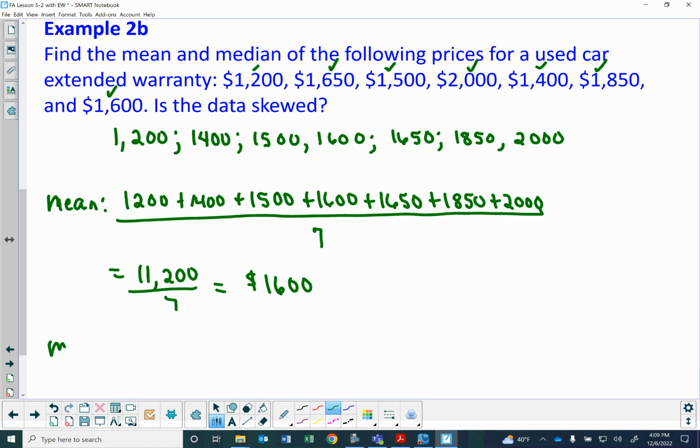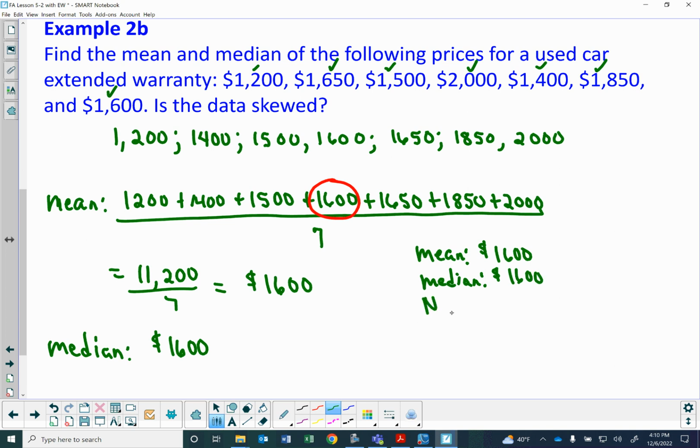The median is going to be my middle number. Since there are 7 data pieces, it's an odd number of data pieces, so it's going to be the number smack in the middle. So the number smack in the middle is going to be this 1,600 right here, because there's 3 on either end. So my median is also $1,600. Since the mean and the median are both the same, my mean is $1,600 and my median is $1,600.